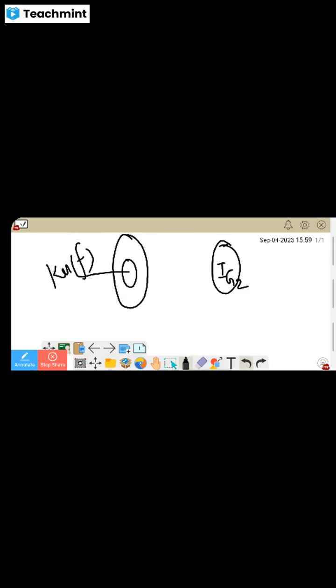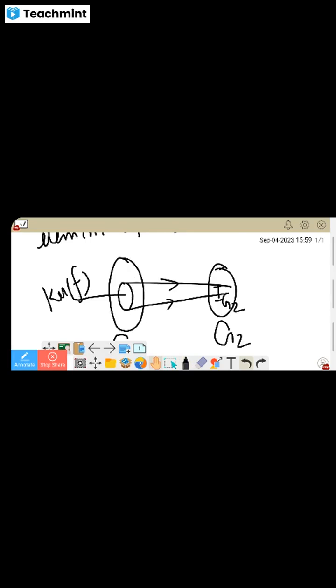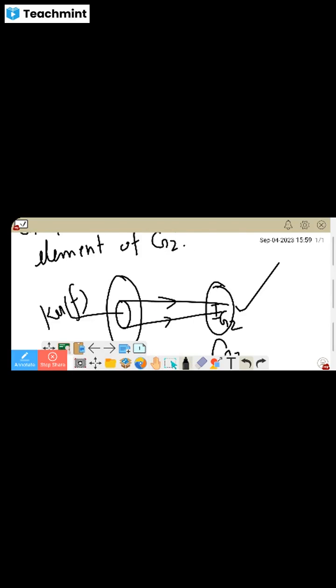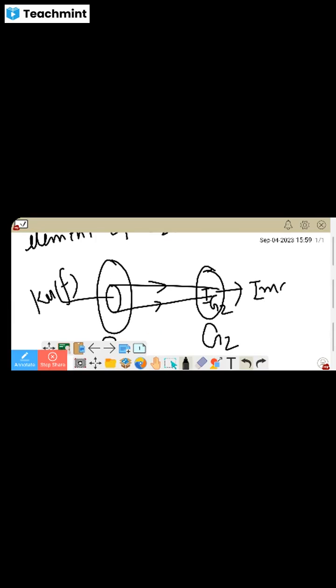This is G1 input and G2 output, and the mapping is between elements of the first group and only the identity element of the second group. And these elements are said to be the image.